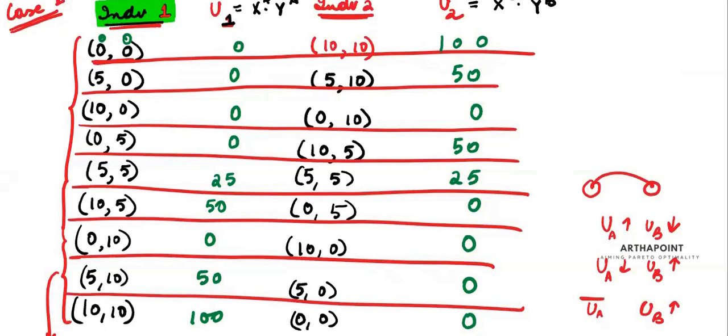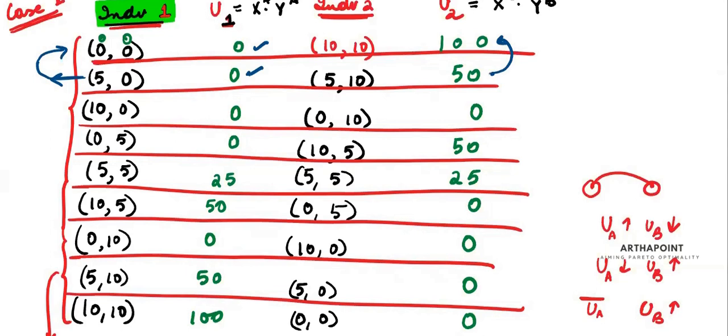So let's start considering some points. Consider this. When I go from this point to this point, then utility of individual A is constant. It was 0 here, 0 here. But utility of B is increasing from 50 to 100.